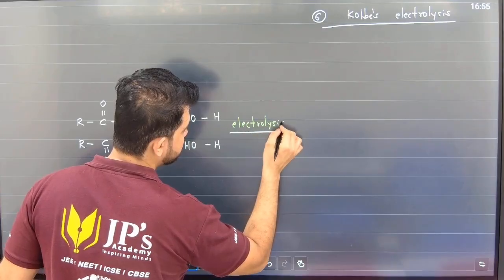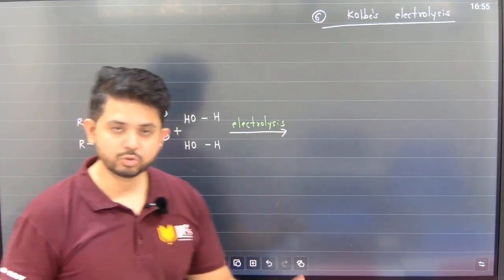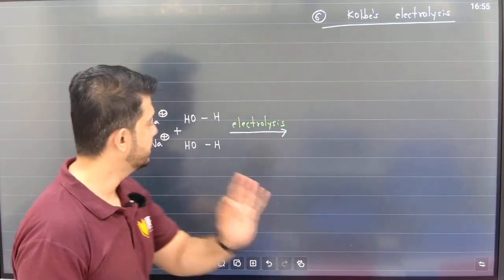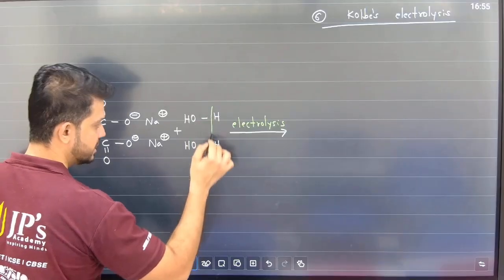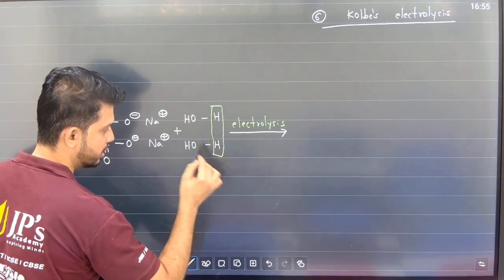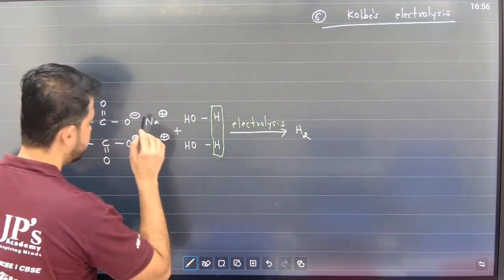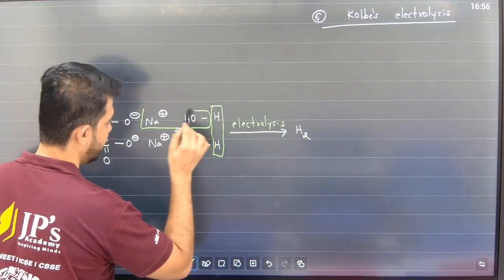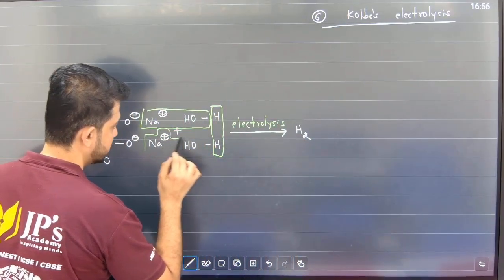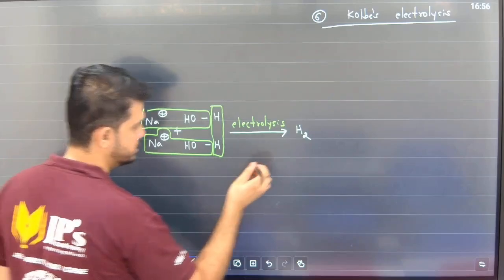Everyone knows that in electrolysis there is a cathode and there is an anode. Let's understand the Dabba mechanism. This is the first product, H2. Then we have NaOH, basically OH minus.